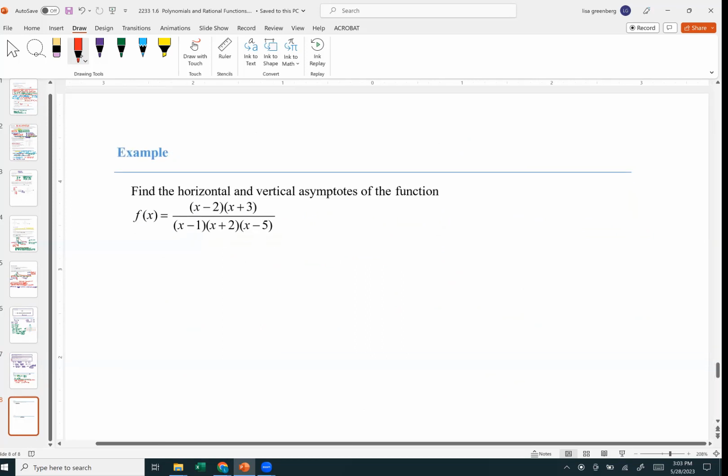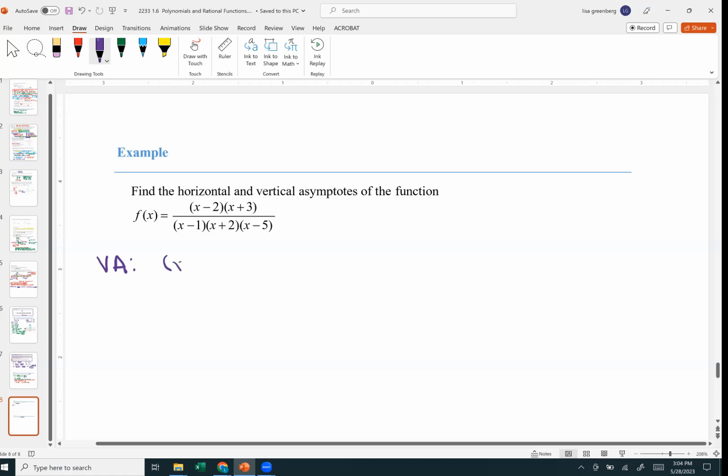All right, let's find vertical and horizontal asymptotes, and we're going to be done pretty soon. So how do I find vertical asymptotes? Well, I look to see if there are any factors in common. X minus 2, no. X plus 3, no. So all I need to do is look at my denominator.